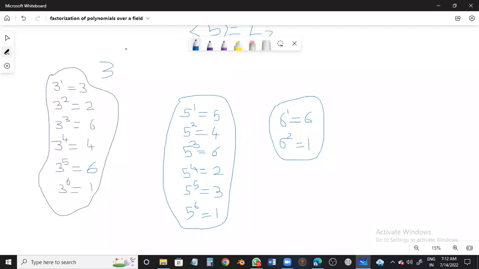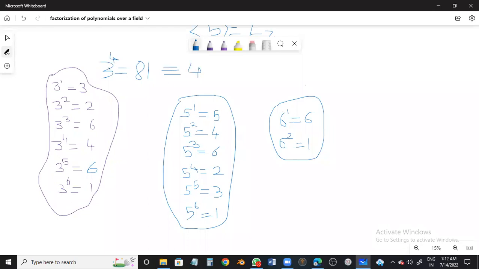See, I said 3 raised to 4. 3 raised to 4 is what? 81. You divide 81 by 7. What is the remainder? You know 7 11s are 77. So 81 minus 77. What is the remainder? 4.